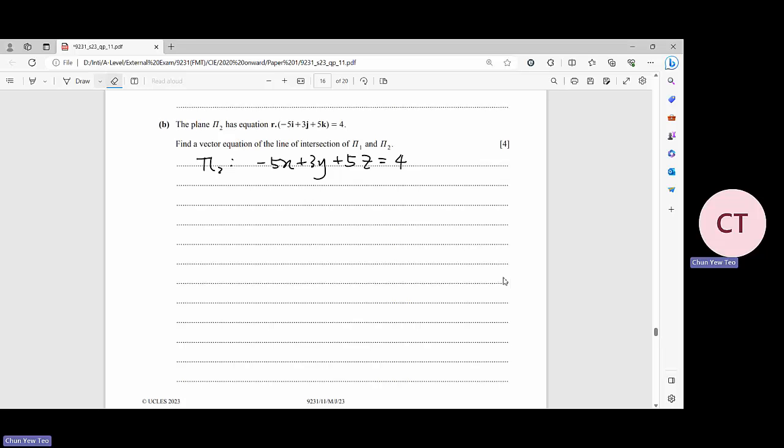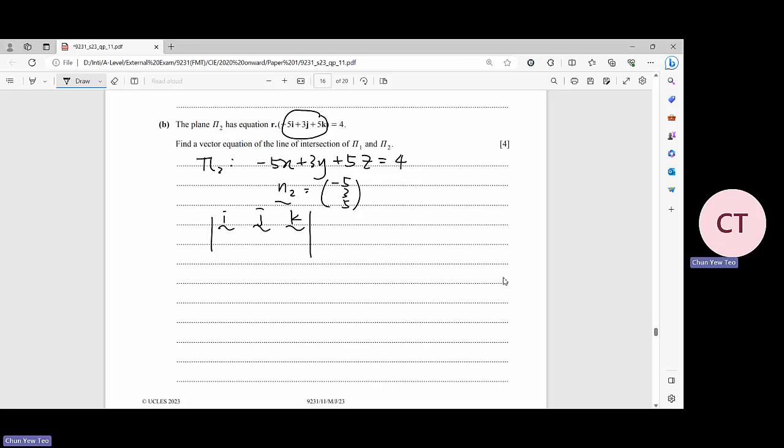In order to find the line of intersection of π1 and π2, we need to cross product the normal vector 1 and the normal vector 2. This is the normal vector 2, -5, 3, 5. So now I want to do the cross product.